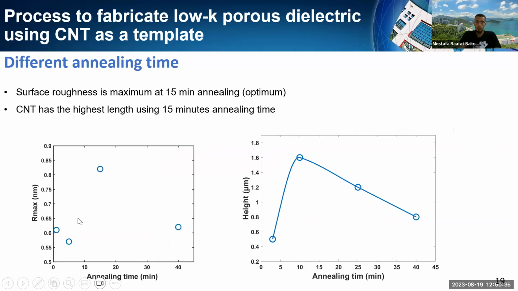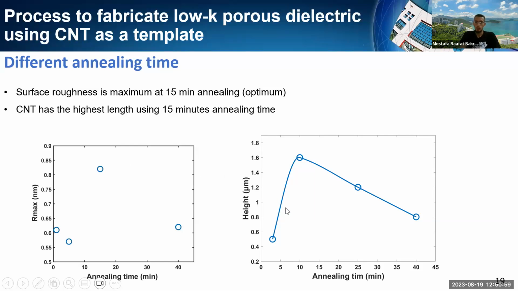And also the surface roughness is getting higher to the maximum value, and then it is reduced again, because when the surface treatment is optimum, we have a very high surface roughness, and this is good for the CNT growth because we have a larger surface area for the CNT growth.